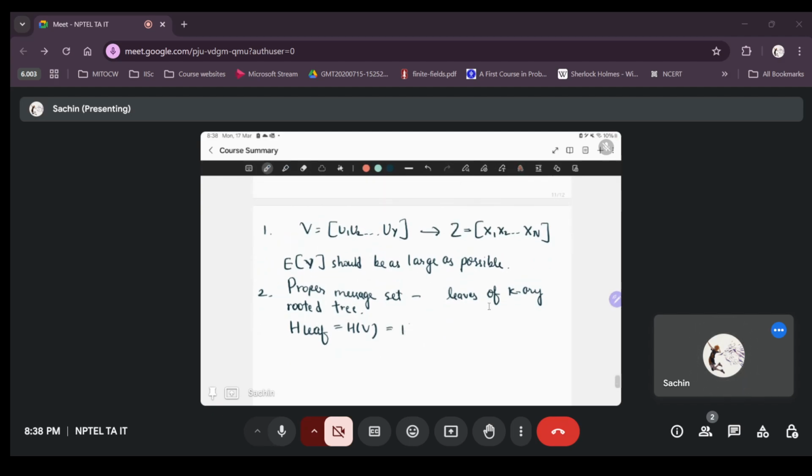This is the expected value of minus log of P_V(v), which is the expected value of minus log of P_V(u1 to uY).